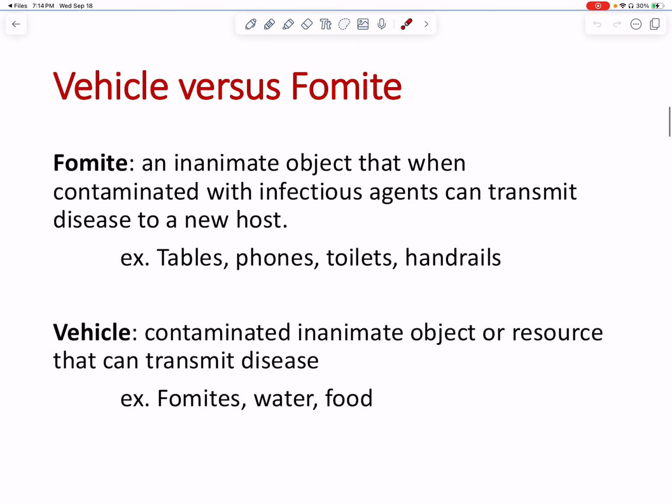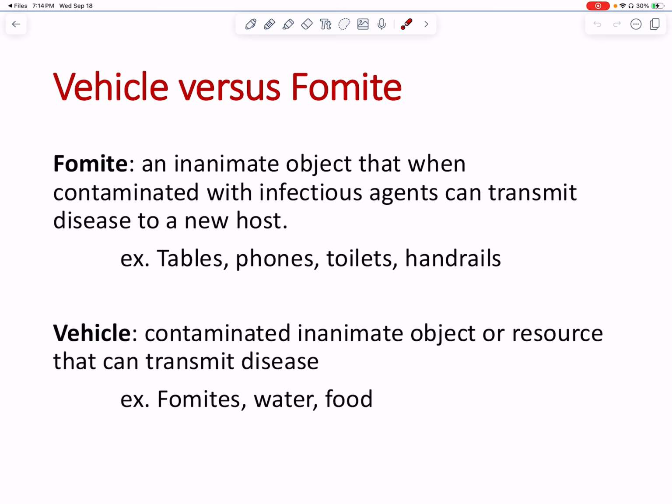And so to define these two words that we just mentioned, a vehicle versus a fomite. A fomite is going to be an inanimate object that when contaminated with infectious agents can transmit disease to a new host. So this is really anything in your immediate surroundings that potentially could hang on to bacteria or viruses.